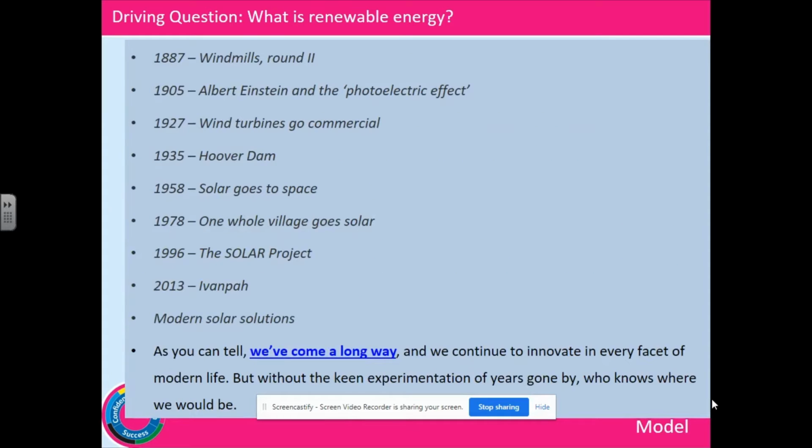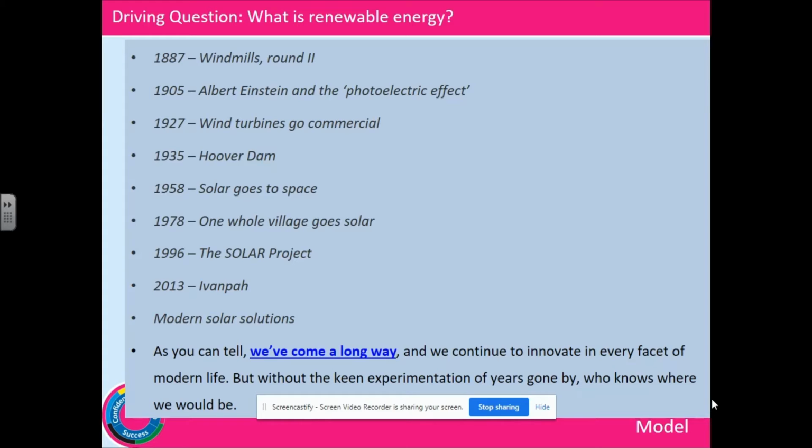Now, the history of renewable energy continued from 1887 to 1905, 1927, 1935, 1958, 1978, 1996, 2013, and modern solar solutions.